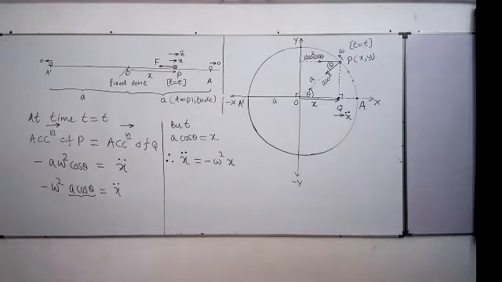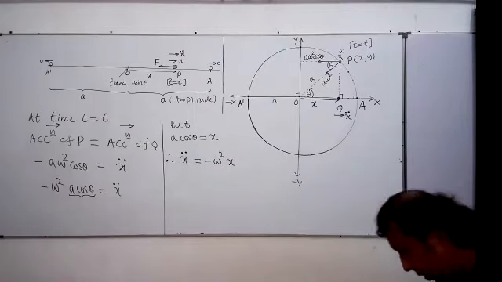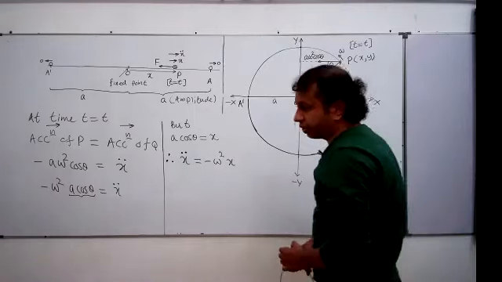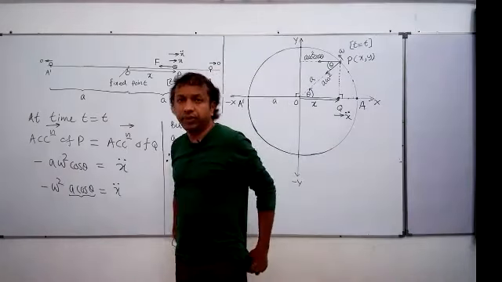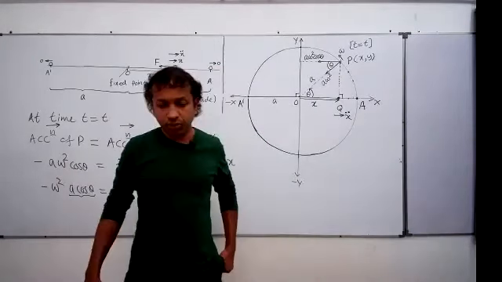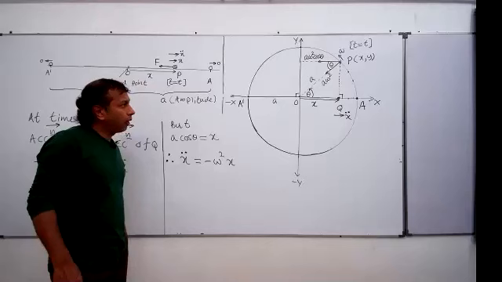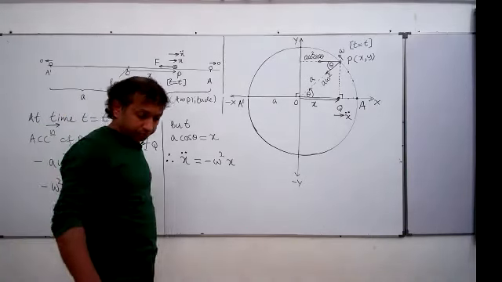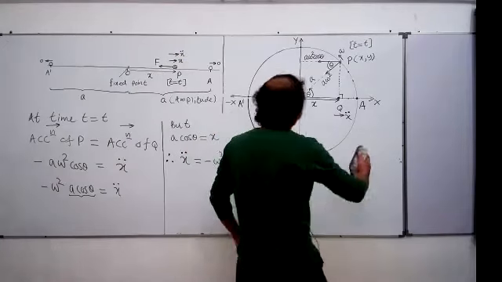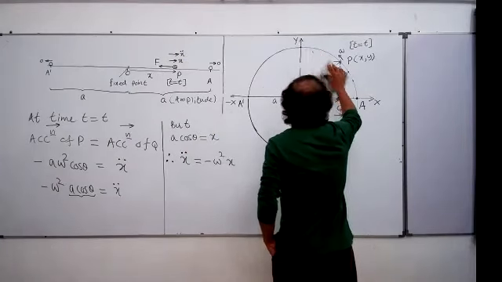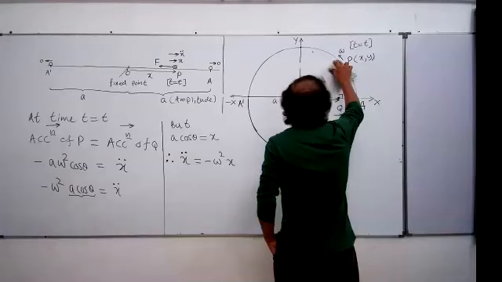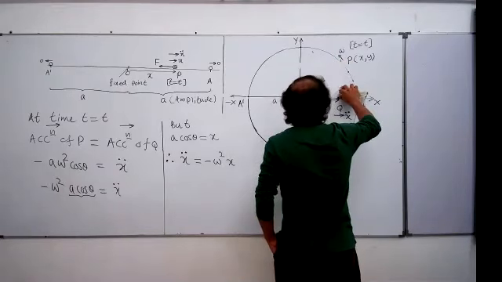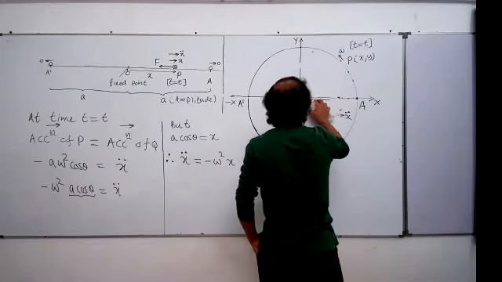Right. People, like this, for any simple harmonic motion, we can find a corresponding circular motion. Right. Now, let's see the next one. Okay. Now, people, using this, we can find the period of simple harmonic motion.